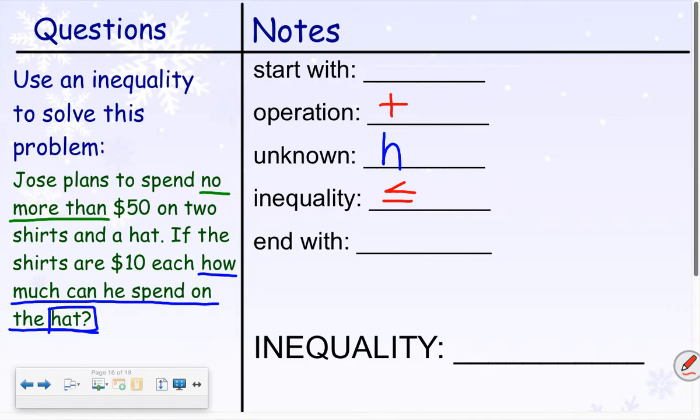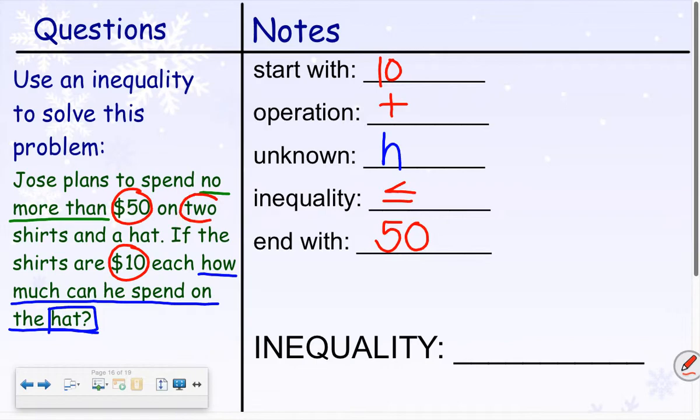And then we have a couple numbers here. So we have our big $50. That's the big dollar amount, so that's our ends with. We also have $10 for our starts with. Now, one tricky thing about this problem is you're also going to notice one more number.